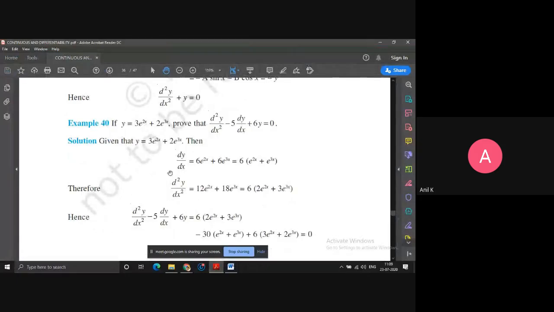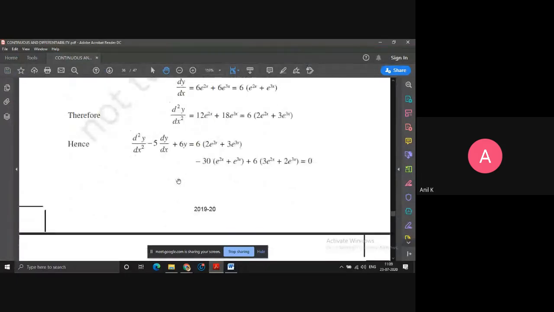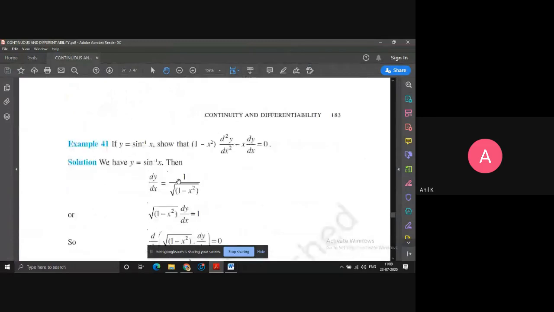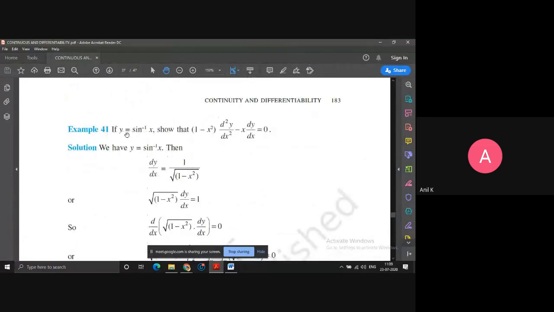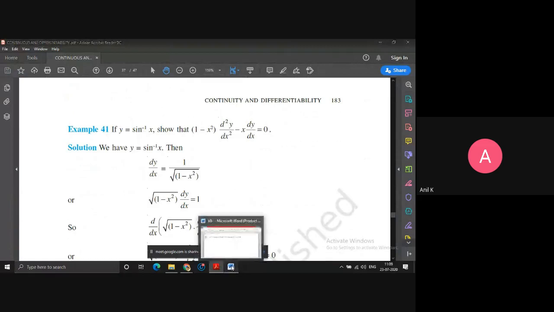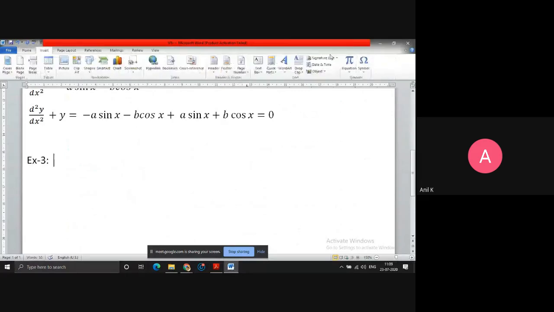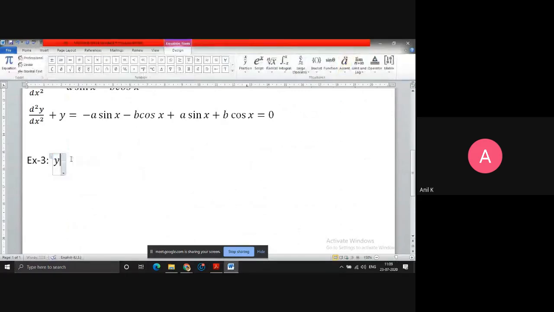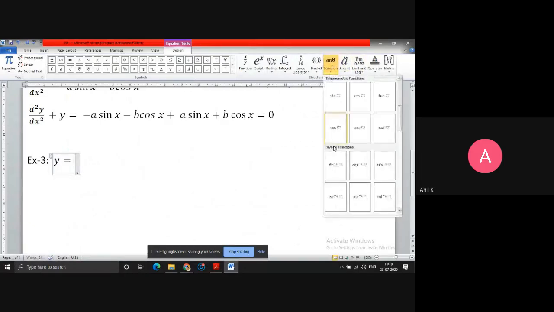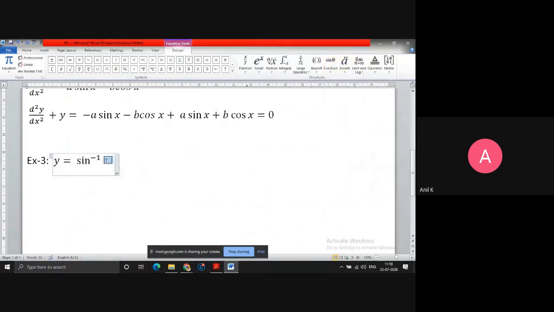Now for the next example, I think you can understand this yourself. Let me take some other example. Example 3: y equals sin inverse x. Now what you have to prove?